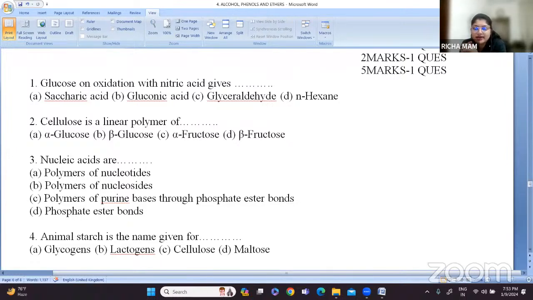Yes, Shashank has answered it right. It is beta D ribose. And in DNA, which sugar is present? It is beta D 2-deoxyribose. Yes, Priyanka has answered it right. Good. Okay, fine.